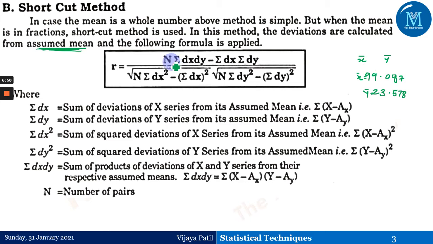Somewhere I have written a small n, somewhere I have written a capital N, only because I am referring to different books and giving you very simple calculations in front of you. Whenever I'm using a small n or a capital N, I'm giving you the formula. I'm doing it only to make you familiar with any method. This lecture series is applicable for any student, whoever is using whichever book, who should be able to understand this.